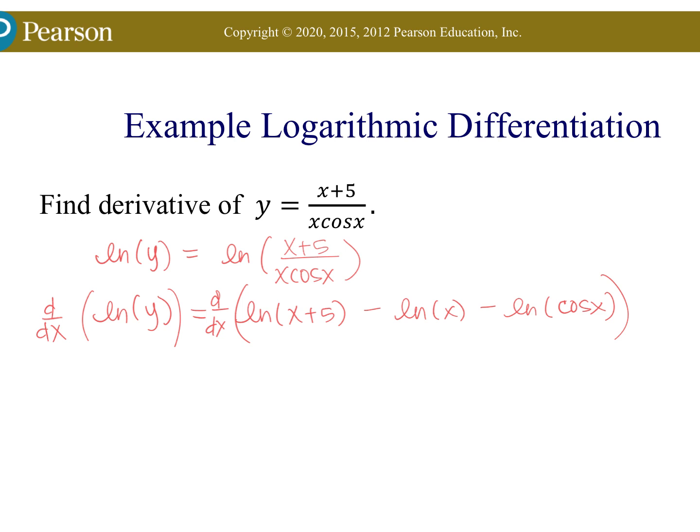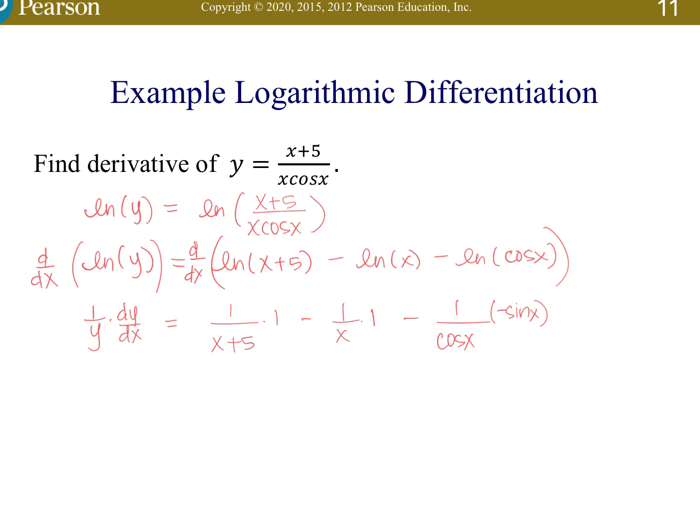So that's going to give me a lot of 1 overs. It'll give me 1 over y dy dx. It will give me 1 over x plus 5 times 1. It'll give me 1 over x times 1. And it will give me 1 over cosine x times negative sine of x.